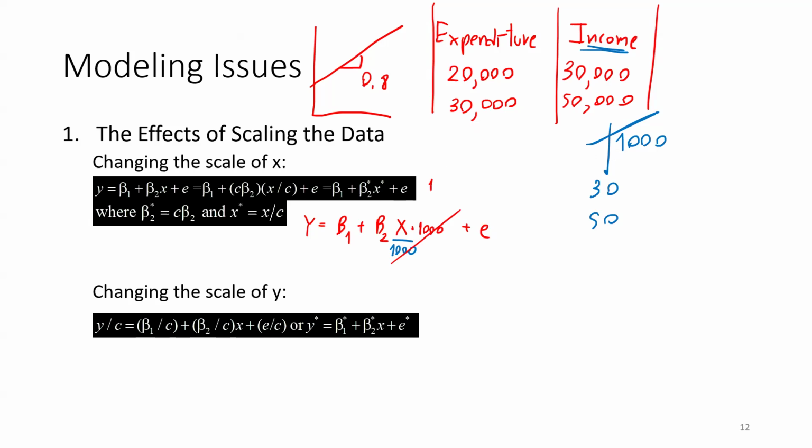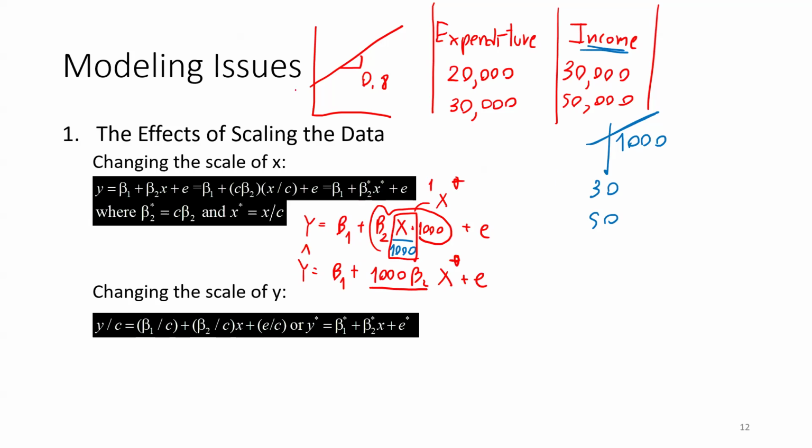So you multiply 1000 back into the model, and then this is your new x, we call x star. Then y equals beta 1 plus beta 2, but beta 2 now you have to multiply by 1000. So 1000 times beta 2 times the new x.